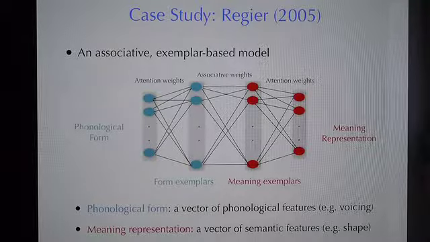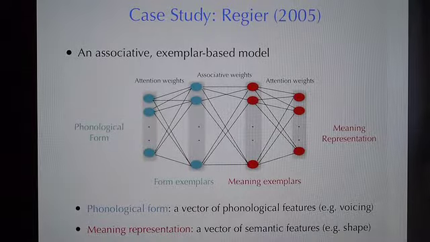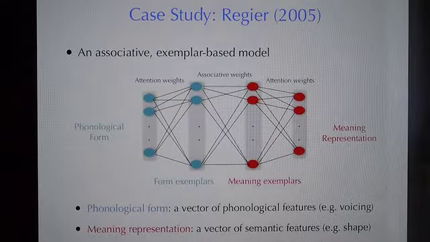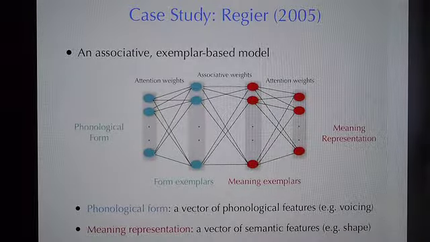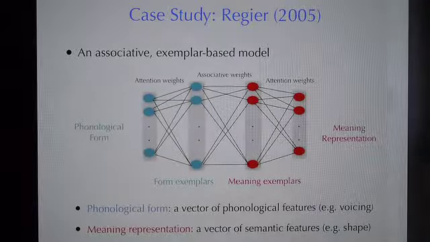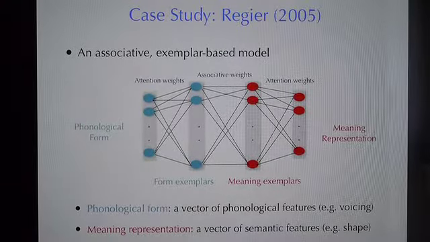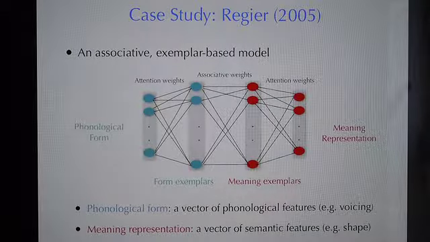I don't call the outer layers input layers and output layers, because this model actually is bidirectional, so it can receive a phonological form of a word and then generate its meaning representation, similar to what we do when we hear a word or when we perform comprehension.